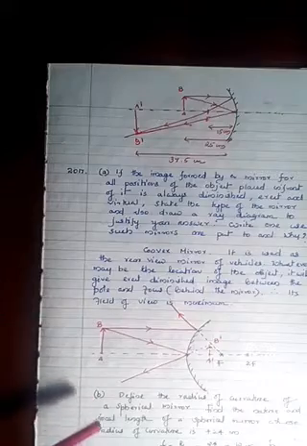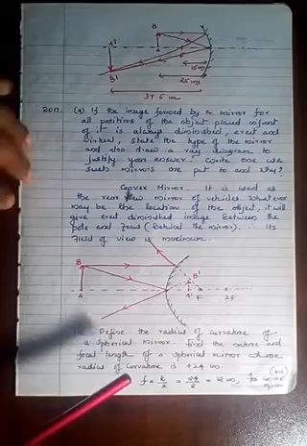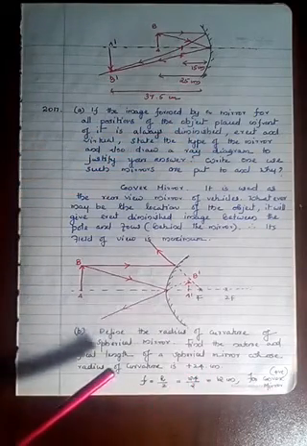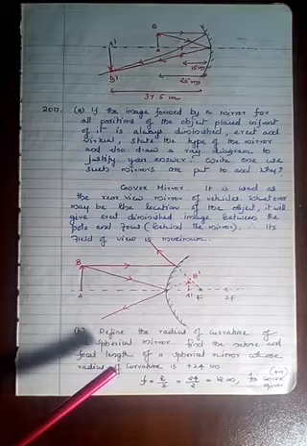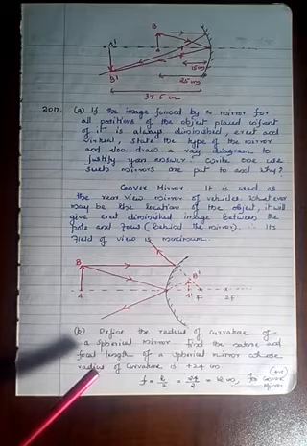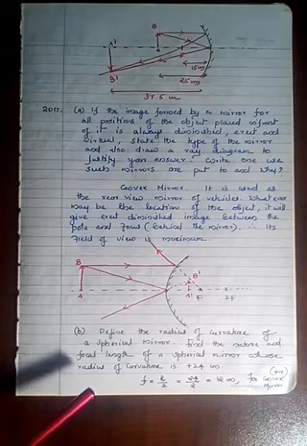Then the B part, define the radius of curvature of a spherical mirror. Find the nature and focal length of the spherical mirror whose radius of curvature is plus 24 centimeter.